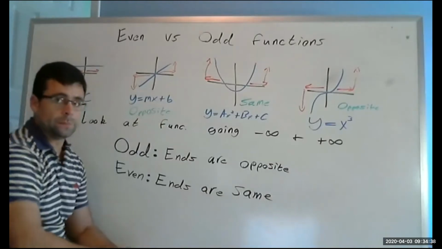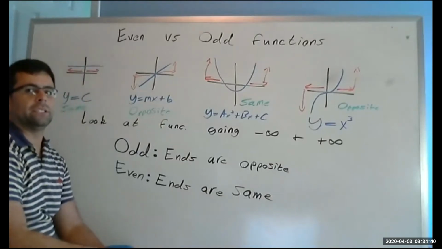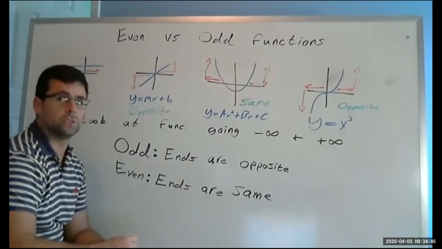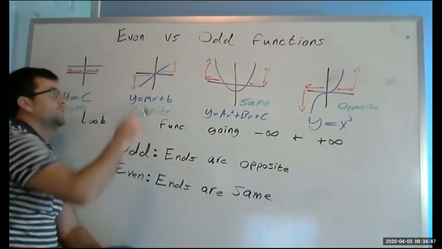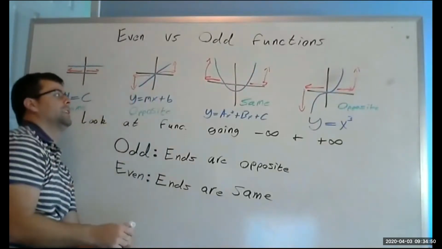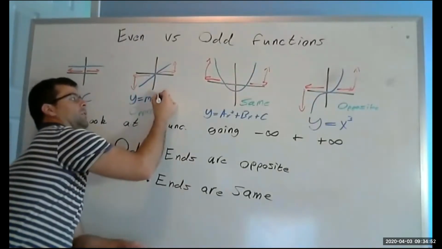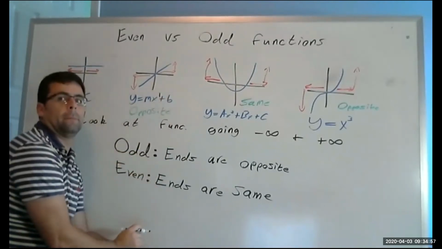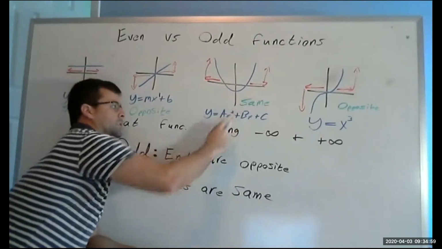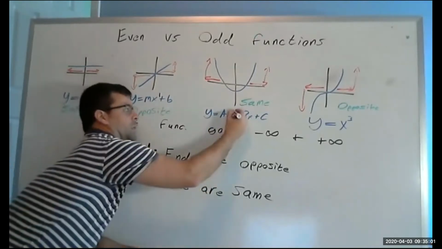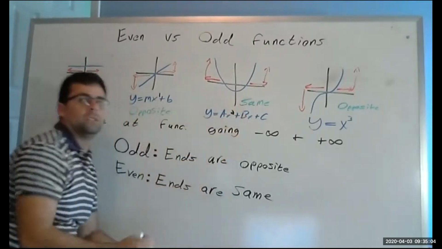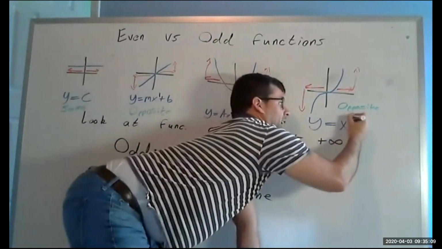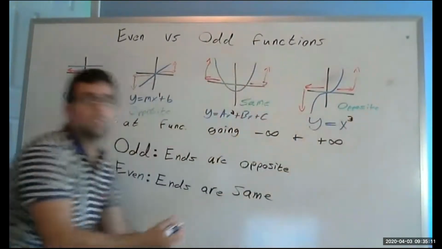Where this even or odd comes from is the leading power of each function. So this one is odd, and it's because the highest power of a variable is x to the 1. This one is even because the highest power is x to the 2. And then this one is odd because it has the highest power of x to the 3.